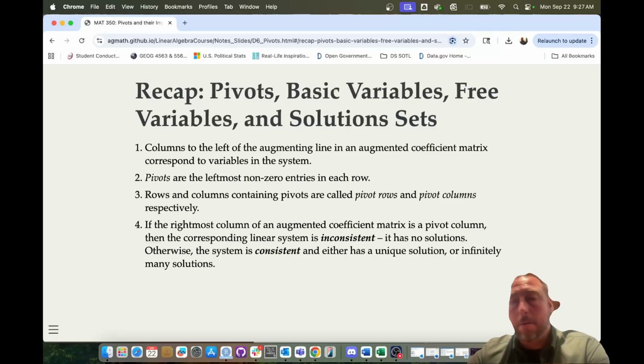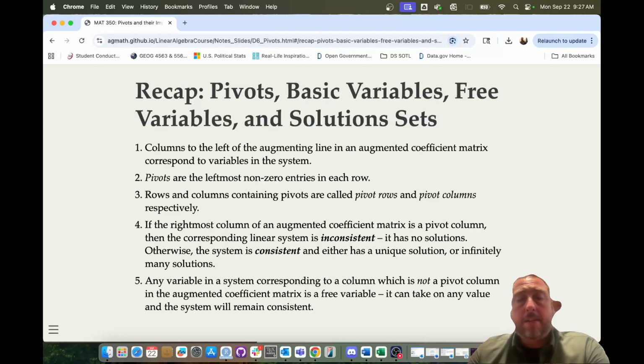It has no solutions. Again, remember, a pivot in the rightmost column means I have an equation that's essentially saying 0 is equal to some non-zero value, which is a contradiction. It can never be true. Otherwise, as long as the rightmost column is not a pivot column, then the system is consistent. It either has a unique solution or it has infinitely many solutions. Remember, we can't have anything in between.